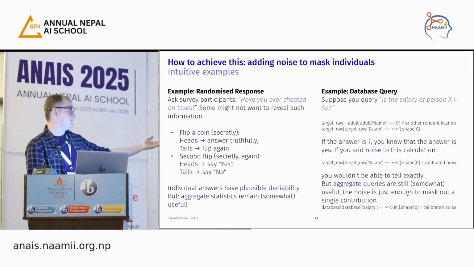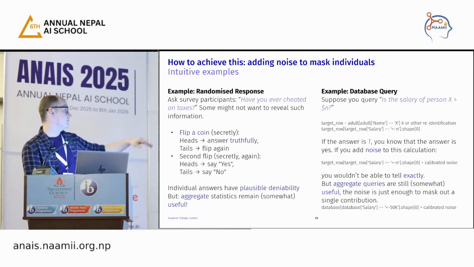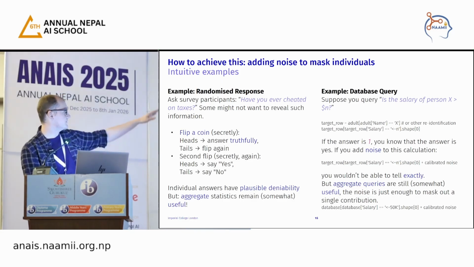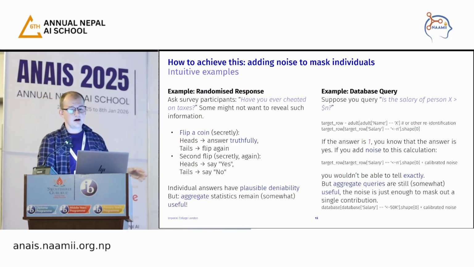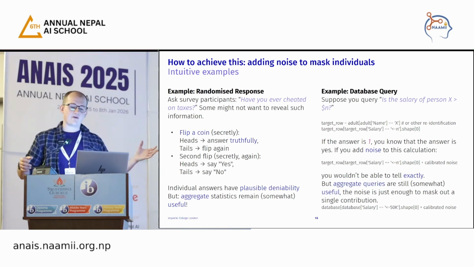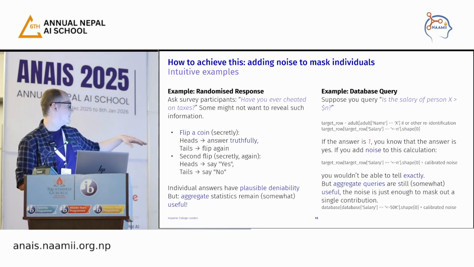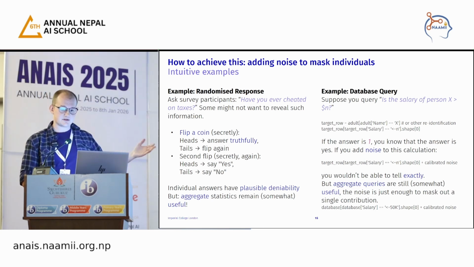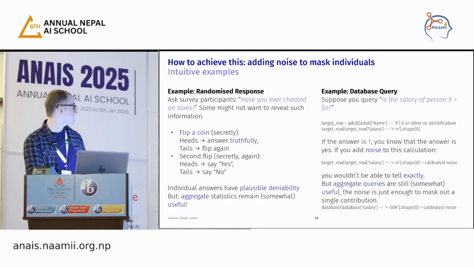You have plausible deniability at the individual level, but if you run the query on the whole data set of this database, you add enough noise to mask out an individual's contribution, but overall, the final output is relatively close to the original.